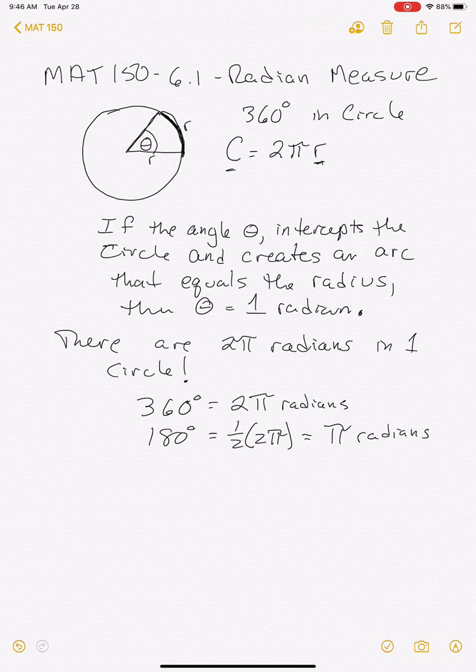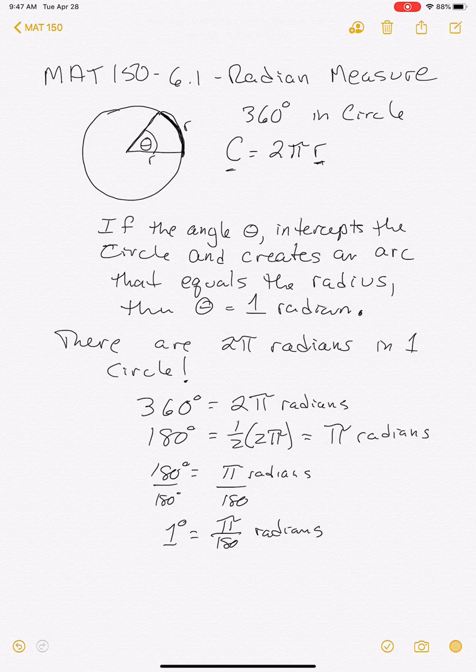So, knowing that 180 degrees is equal to pi radians, if I divide by 180, what I get is 1 degree equals pi over 180 radians.